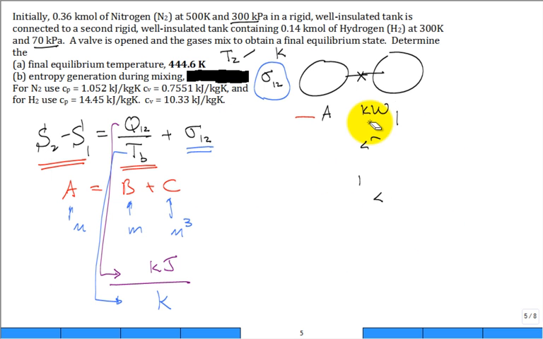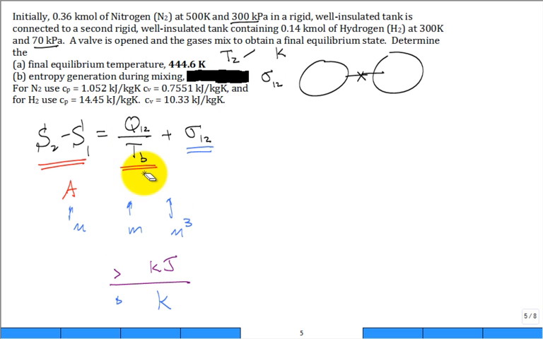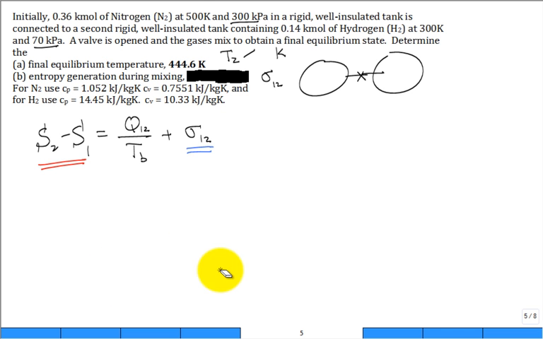So how am I going to solve for the entropy that is generated during the process? Well, I'm going to start with the second law of thermodynamics. For this problem, one of these groups of terms is 0.